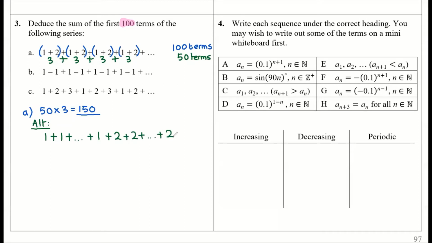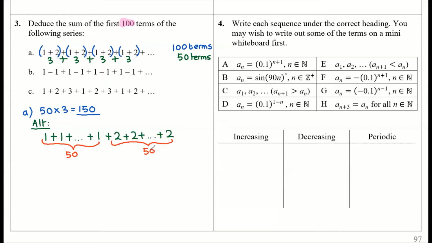Now we can do that because we know how many there are of each. If there's 100 terms, and we know that we've got 2 different numbers, 100 is divisible by 2. That means that I must have 50 of these 1s, and I must have 50 of these 2s.